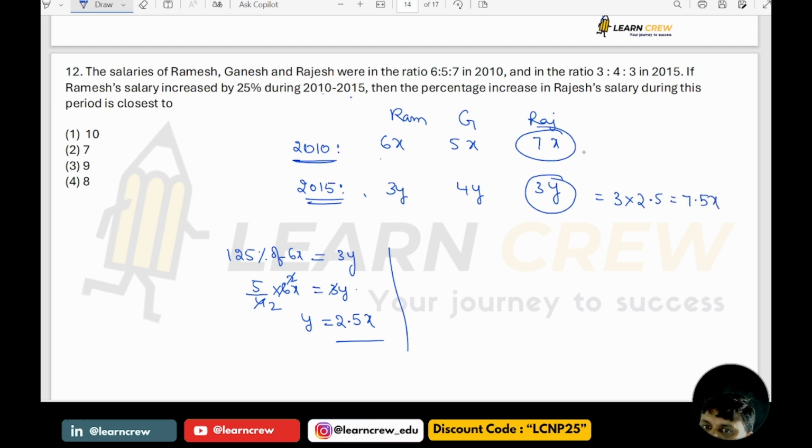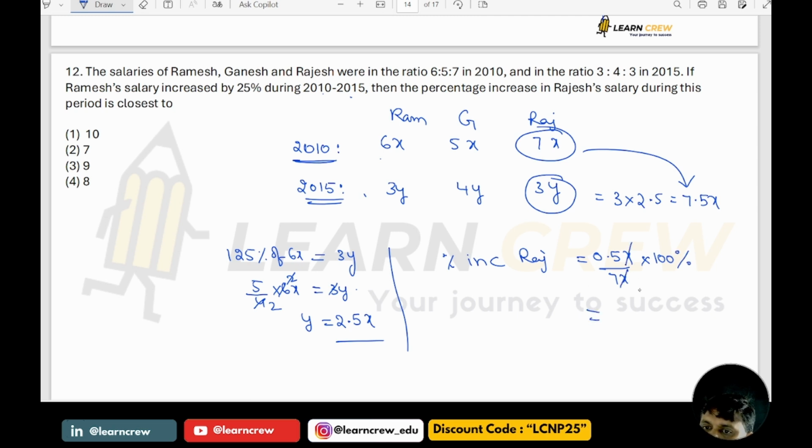So 7x becomes 7.5x. The percentage increase in Rajesh's salary is 0.5x on 7x, what percentage? x cancels.